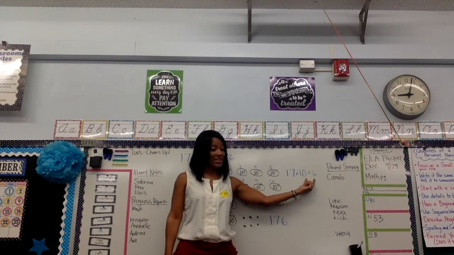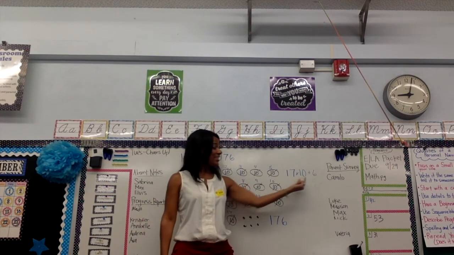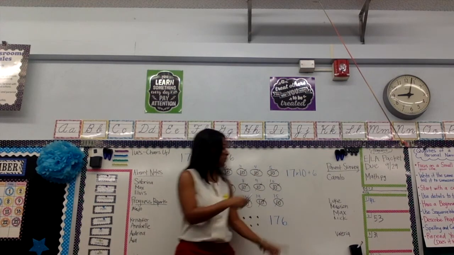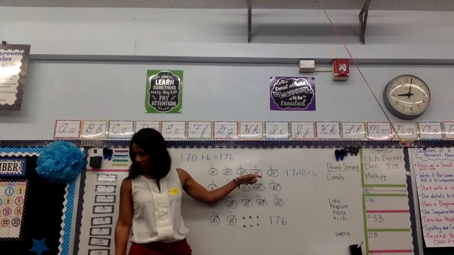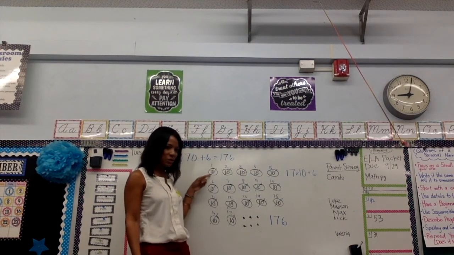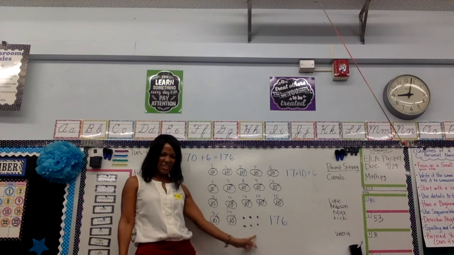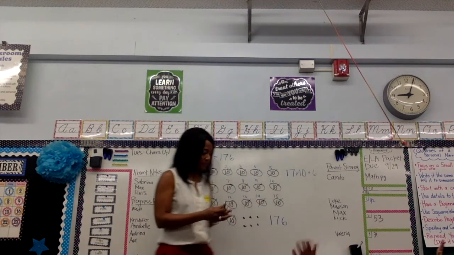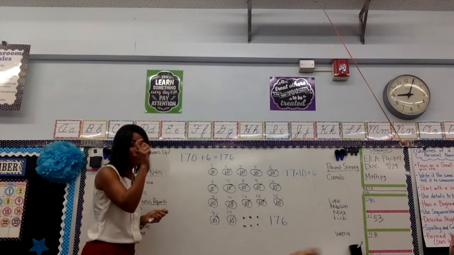Do you see how they might think that? So they might think we had 17 groups with 16 in each group. Do we have 16 in each group? No. How much do we have in these groups? 10. And then just these 6 over here, right? Yeah. All right, so we have to add something to our expression so they don't get confused.